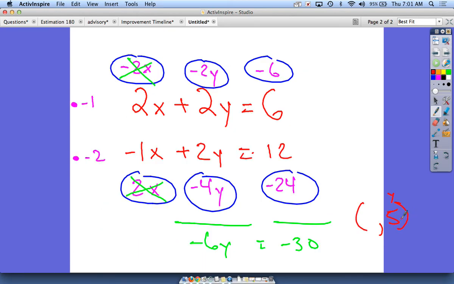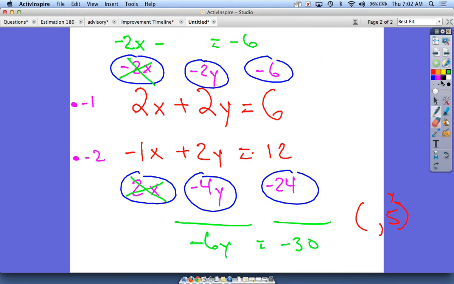Okay, so now I'm going to put 5 in for y on one of these problems. It doesn't matter which one. So how about I just do the one that I made on top? That would be fine. So I'd have negative 2x minus 2 times 5 equals negative 6. So I will replace this 2 times 5 with 10.